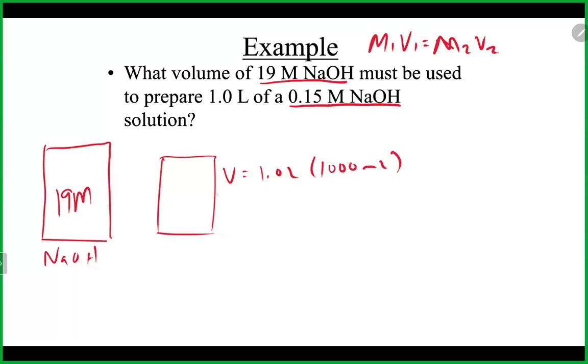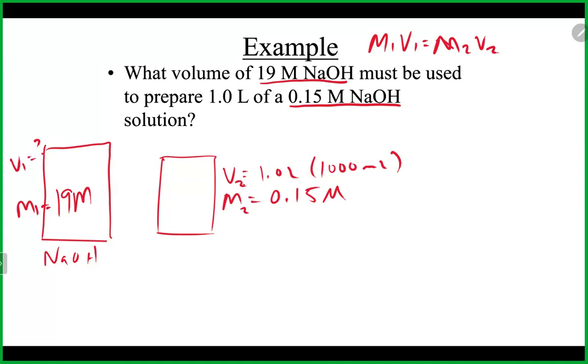And we can have the molarity there of 0.15. And obviously here, this would be our M1. This would be our 2s, what we're trying to make. So clearly here, we do not know what V1 is. So that is what we want to kind of do.